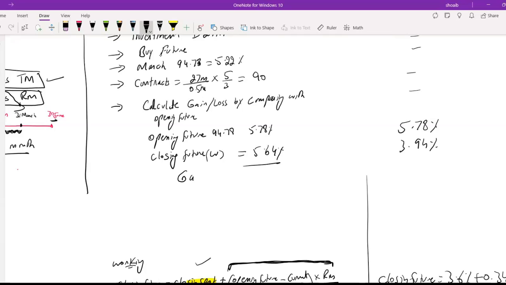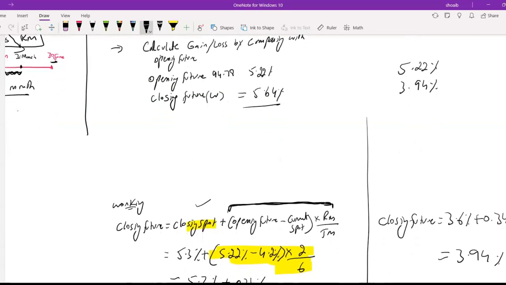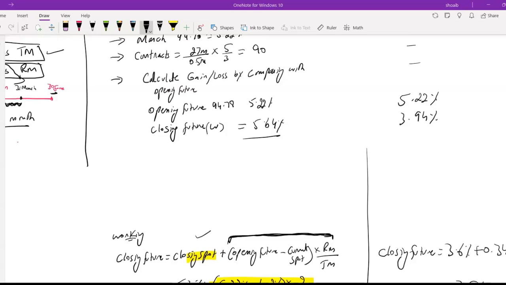Now let's calculate gain or loss. You have entered into a contract that you will receive 5.22. And market has moved to 5.64. So in this case, you are at a gain or loss.